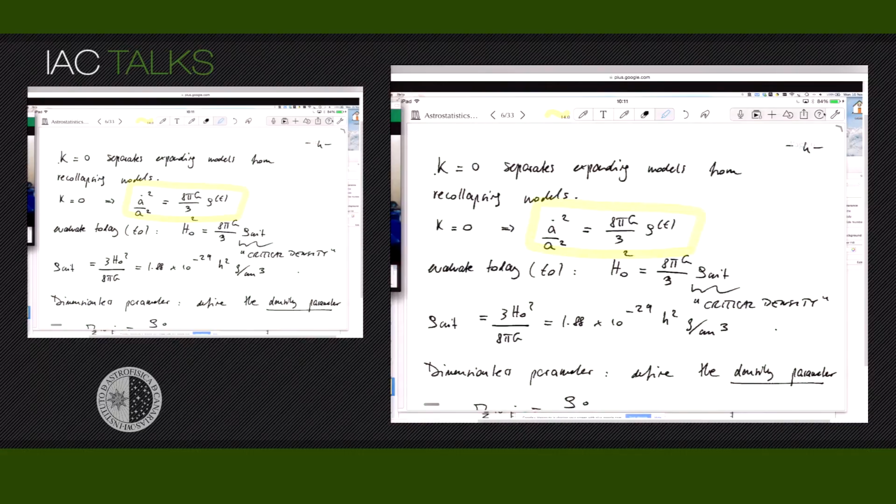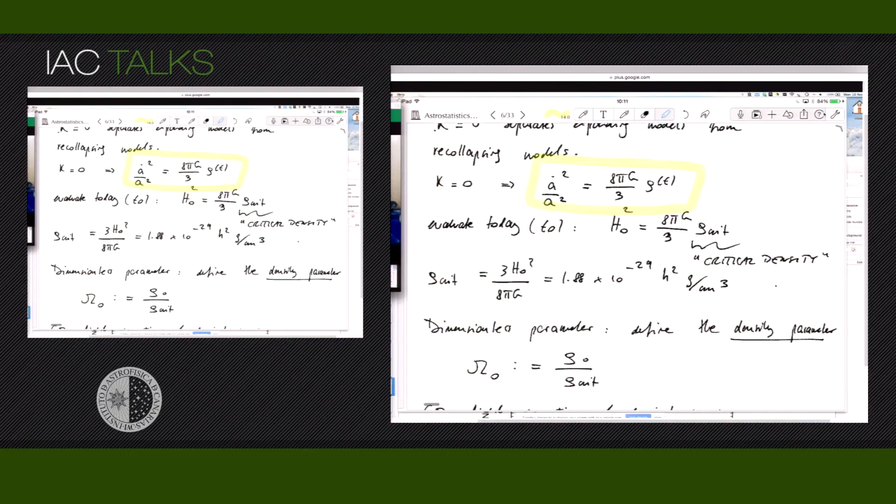You see a dot over a squared is equal to 8 pi g over 3 times rho, and this is valid for all times, as a function of t. In particular, it is valid today, and if I evaluate it at the time today, t equals 0, and let me define a dot over a today, we define it as h naught, which is what we call the Hubble constant.